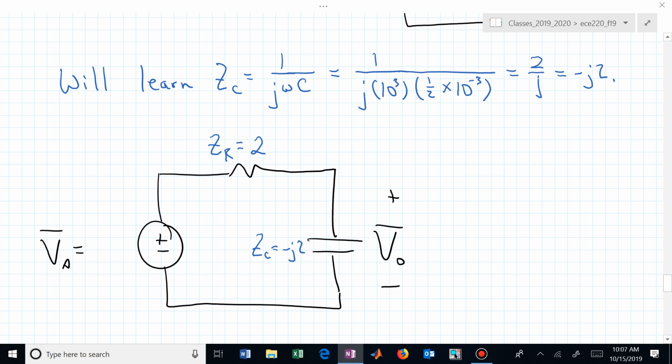It's a real impedance. It's a resistance. That's 2. The impedance of the capacitor is now minus j2. And you can see that as a complex number. Where do you see that? Minus j2. Where is that in the complex plane?